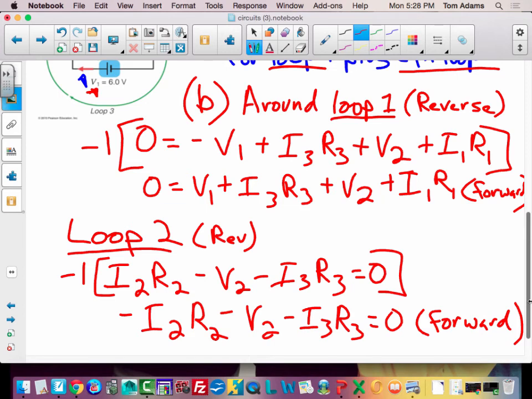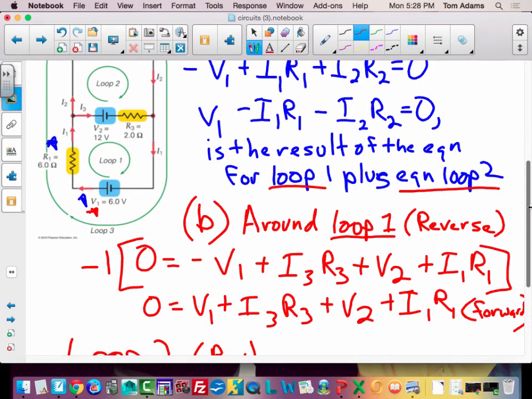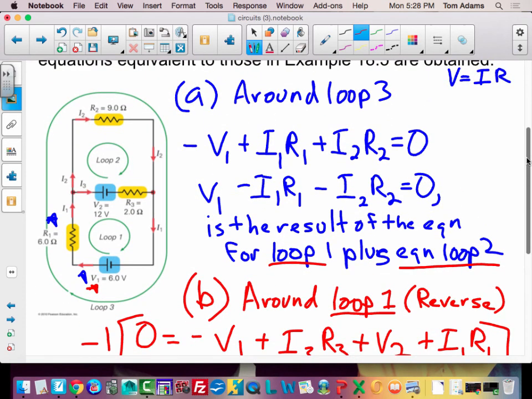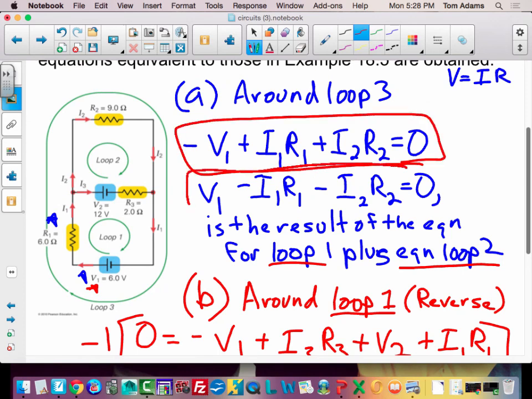The I3 R3 cancels out. And that's how you get these two equations, whether you do forward or reverse, by adding loop 1 and loop 2. Okay? And that's what they were trying to show.